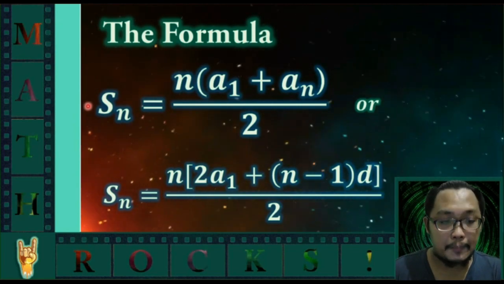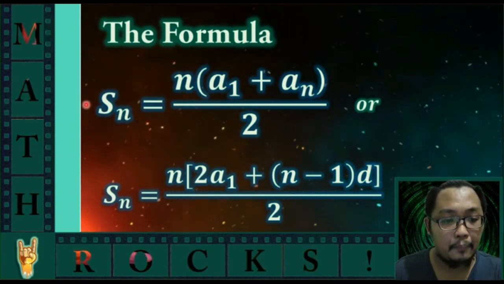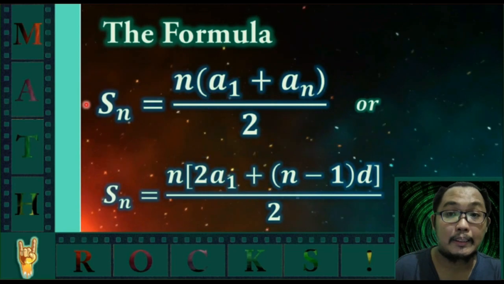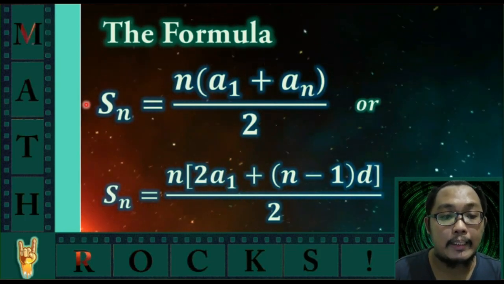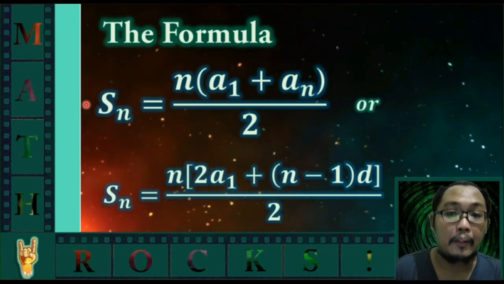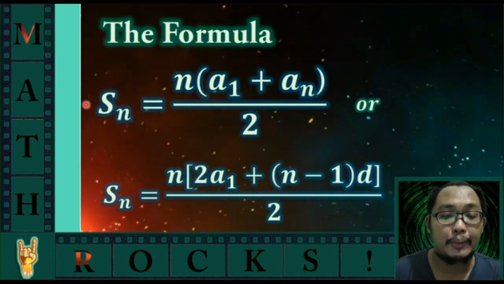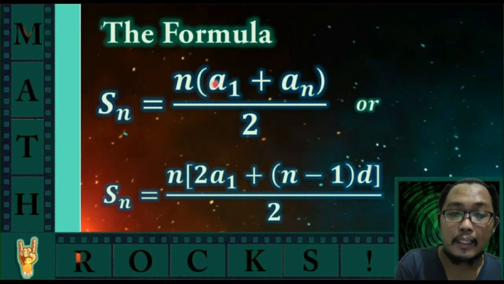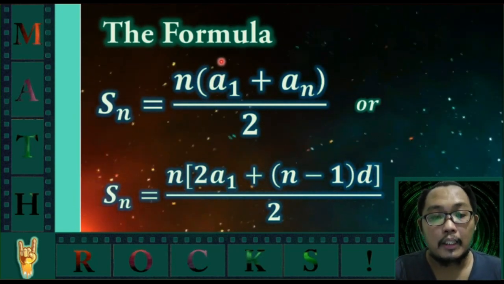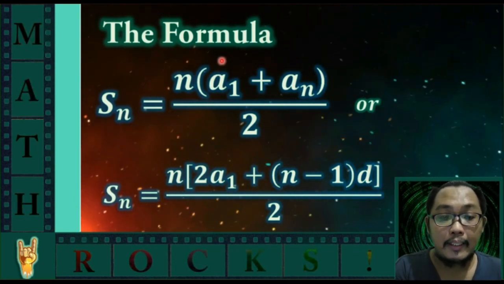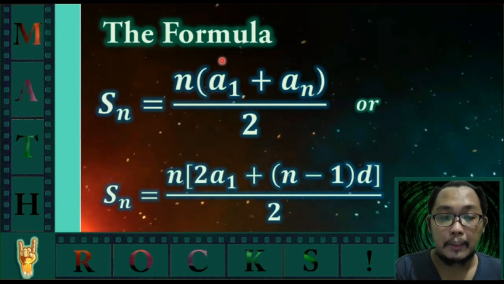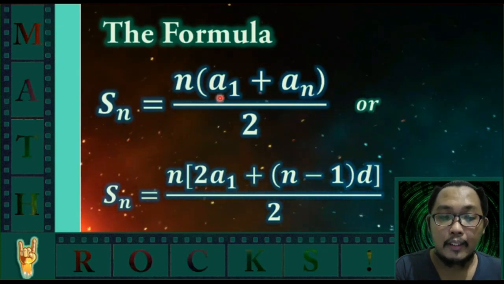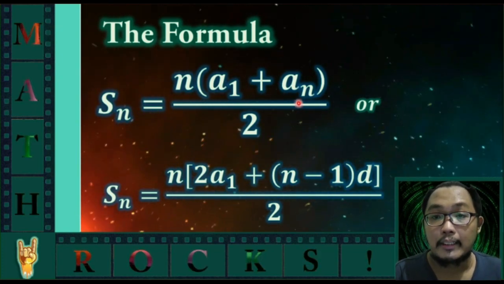So now let us talk about how we will be able to apply such formulas and what is the appropriate formula for one particular situation. The first formula right here is usually applied when the information given in the problem are the values of the first term and the nth term.